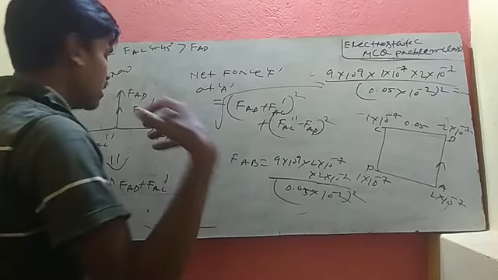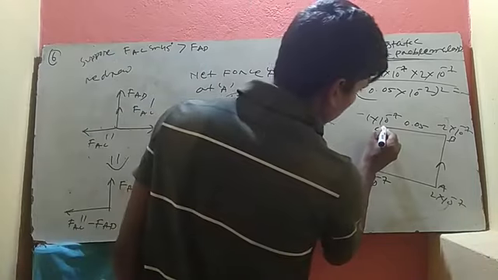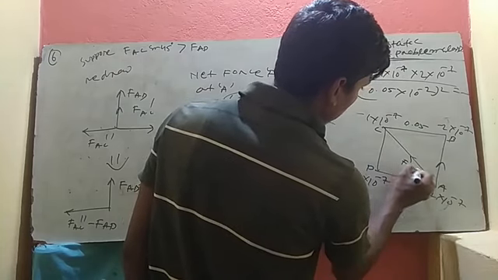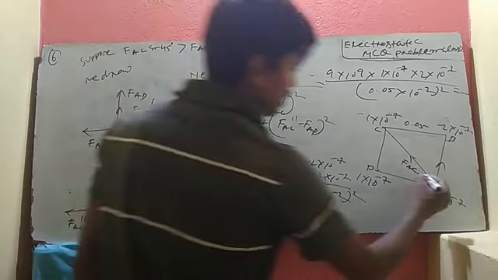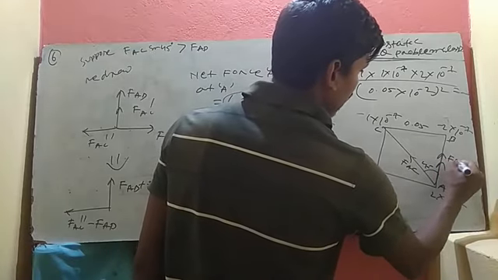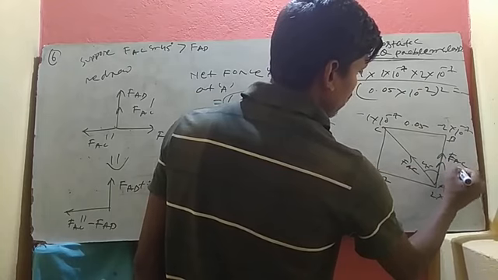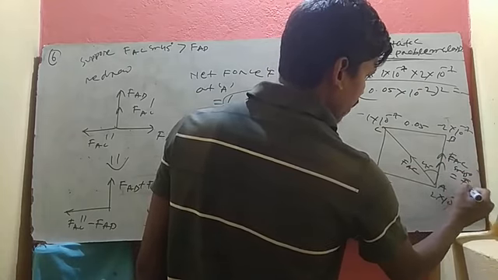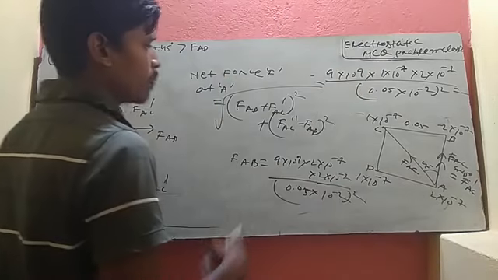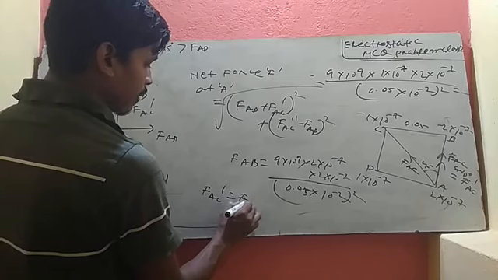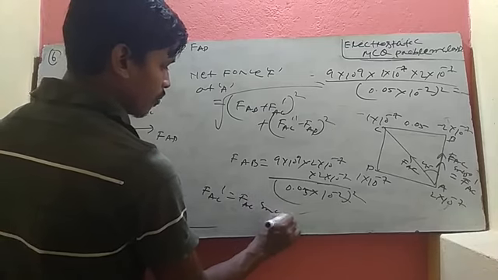Similarly FAC dash, already discussed. What is FAC? FAC dash, this is the 45 degree. FAC sin 45 degree is equal to FAC dash. FAC dash means FAC into sin 45.